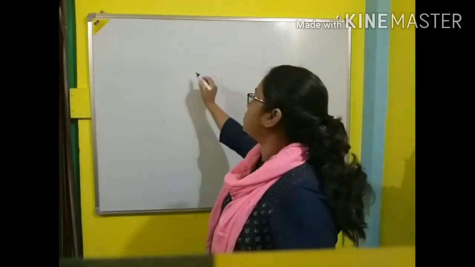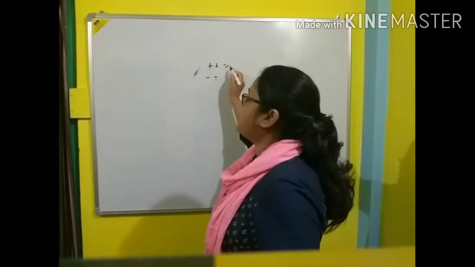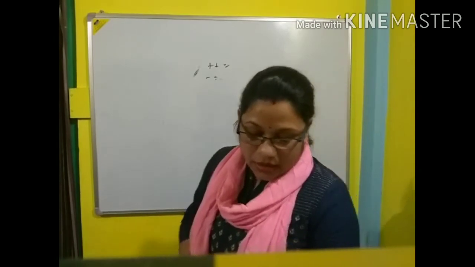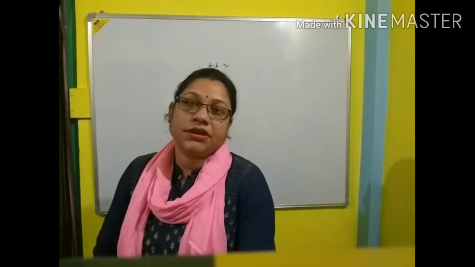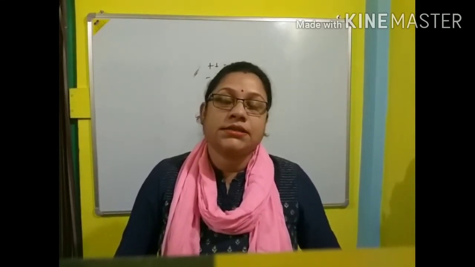There are two types of special operators, plus plus and minus minus. The increment operator adds 1 to the variable, and the decrement operator always decreases, that is subtracts 1 from the variable.